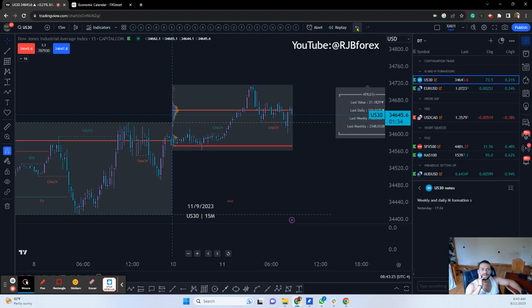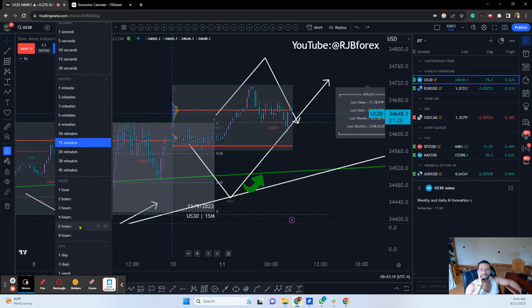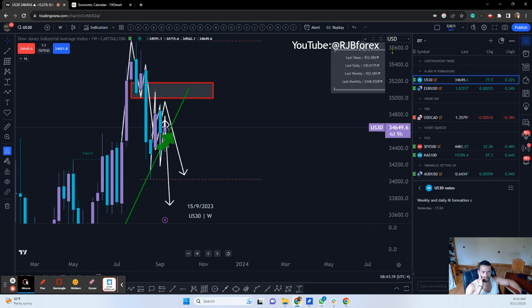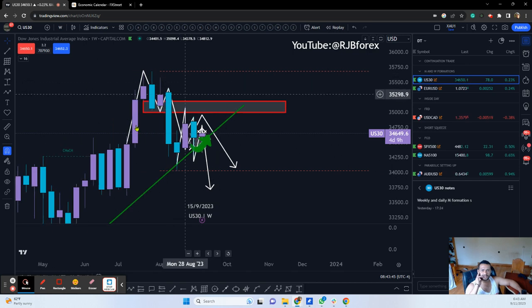No, I shouldn't do that. In fact, hold on. We've got a weekly and daily M formation. We'll look at those. So that's the daily chart. We've come up towards resistance, the neckline of the M formation. Subsequently sold off pretty heavily, but we could be moving back up for continuation. We're still front side of the bullish trend.